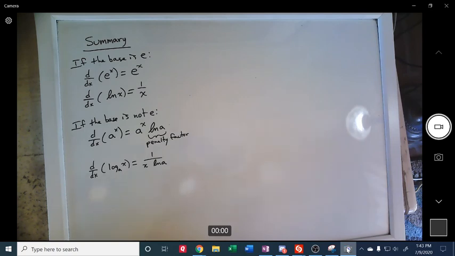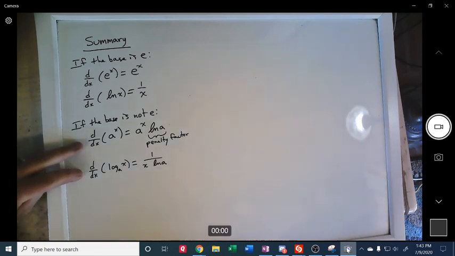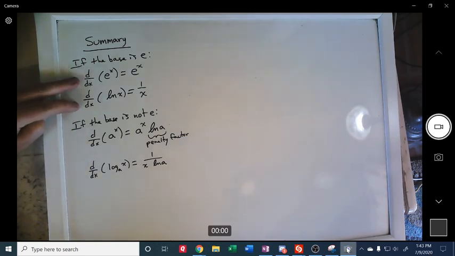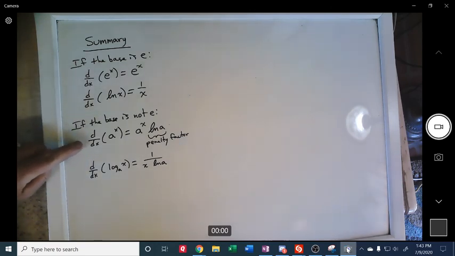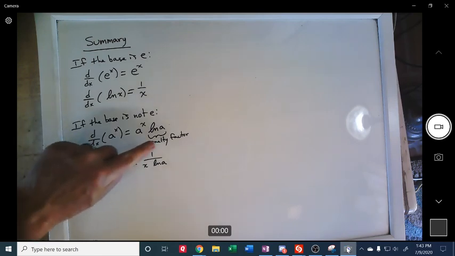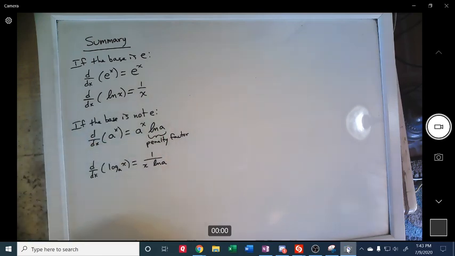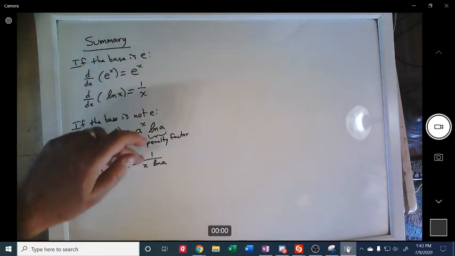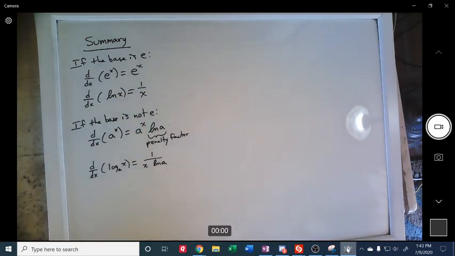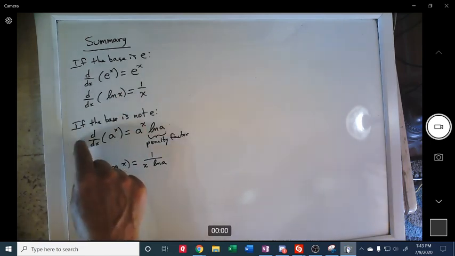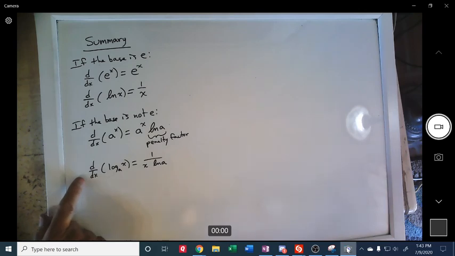But actually, if you just remember these 2 rules, you have these 2. Because remember, if you use this rule and you put the penalty factor when you didn't have to, because the base was already e, it just multiplies by 1. And so if all you commit to memory is these 2, you're totally fine.